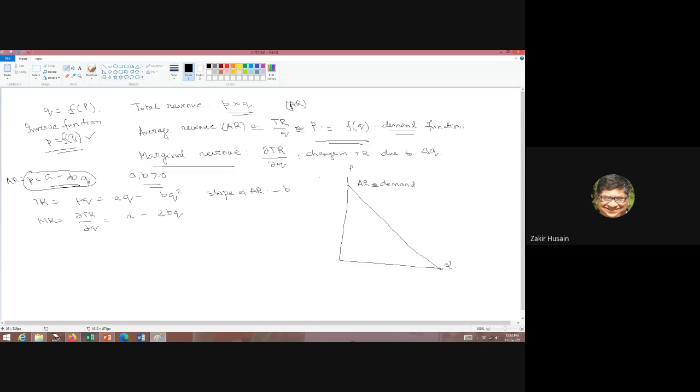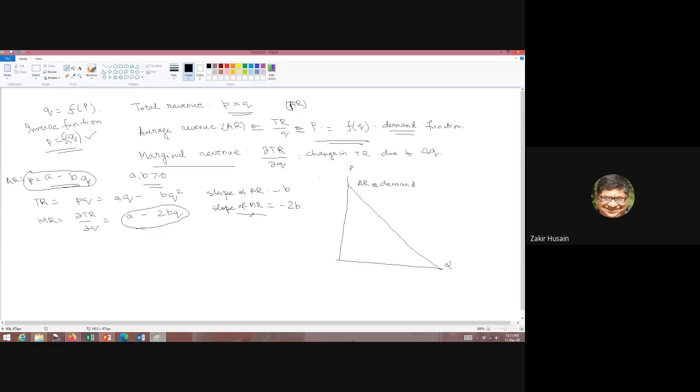You just have to take dp by dq. A is constant, so it's minus b. Now, what is the slope of MR? This one. Minus 2b.